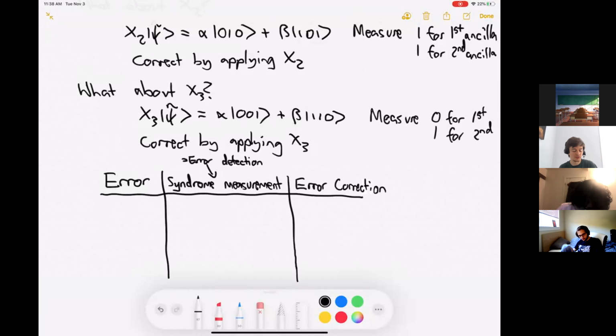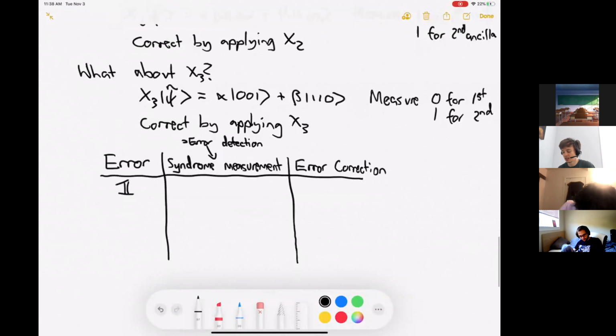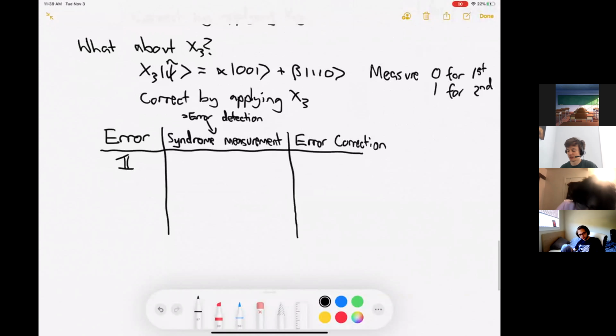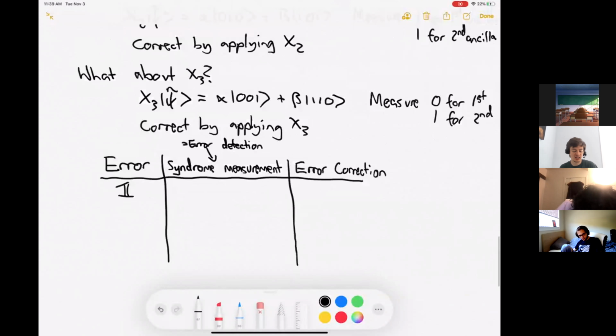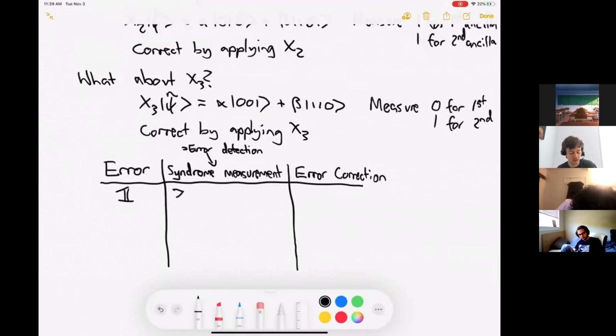Okay, so if the error is no error at all, just the identity has happened to the state, nothing has changed, then when we do this syndrome measurement, we get x1 plus x2 equals 0. Equivalently, Z1 Z2 is equal to 1. Z2 Z3 is also equal to 1. And to correct the error, we just apply the identity.